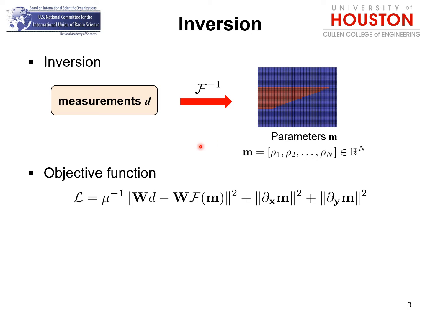This could be realized by solving an optimization problem. Here, we formulate the objective function as this. The first term is the data misfit, and the second and third terms are the difference matrices to impose the smoothness penalty along the horizontal and vertical directions.